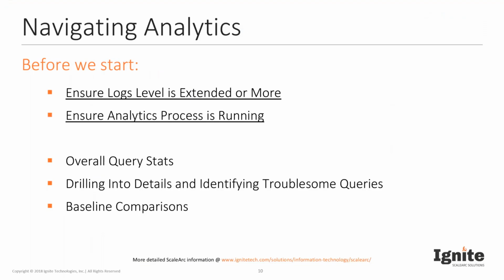And so we went through the core settings that are 100% necessary for analytics to operate. We went through an overview of the high-level view of the stats. What can we see from these first views? We drilled a little bit into details to identify the queries that might be subject to optimization, and then we did a little bit of comparison.